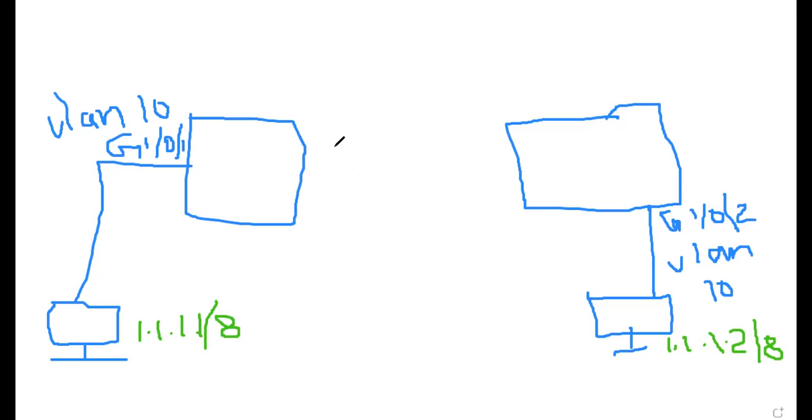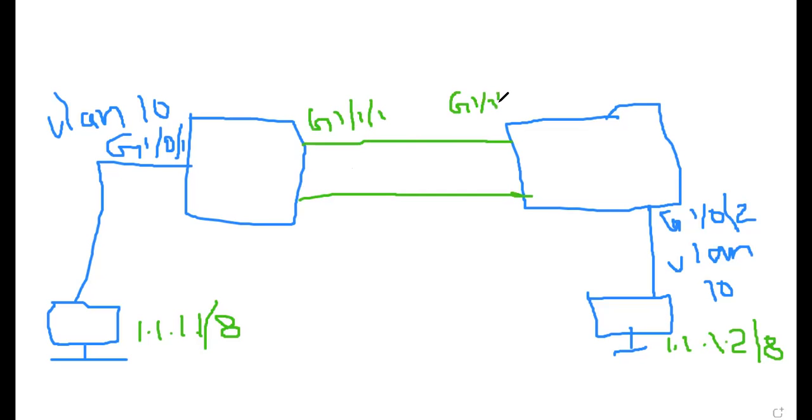Now between these switches I can connect 2 cables for a redundancy purpose. Okay, the port example, uplink port G1/1/1. Same thing, G1/1/1.